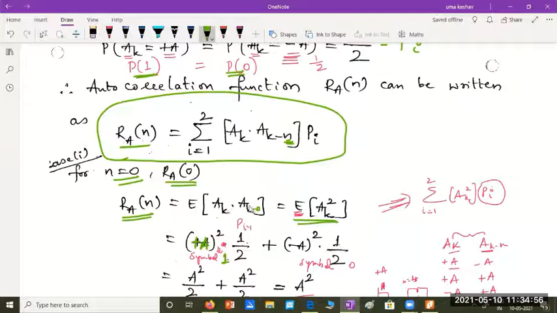So plus A into plus A, I'll get plus A square. And the probability we already determined, the probability of occurrence that the symbol will be 1 is half.